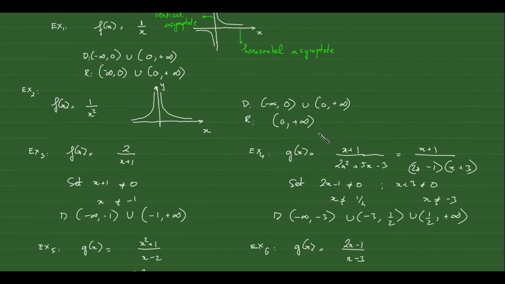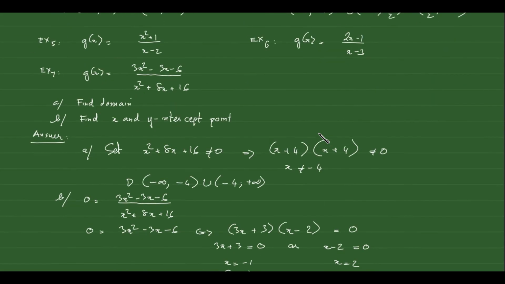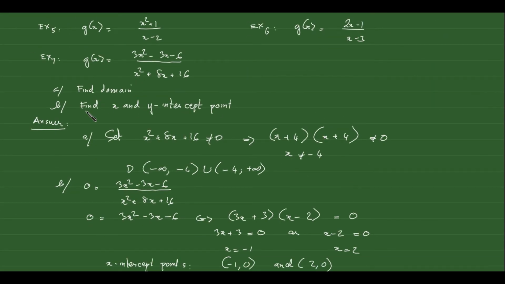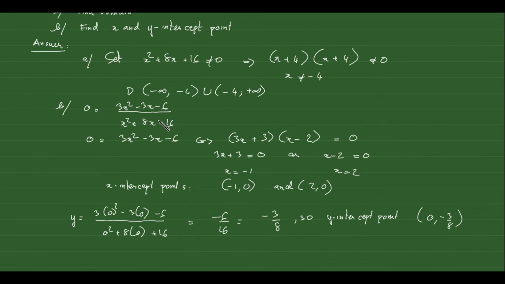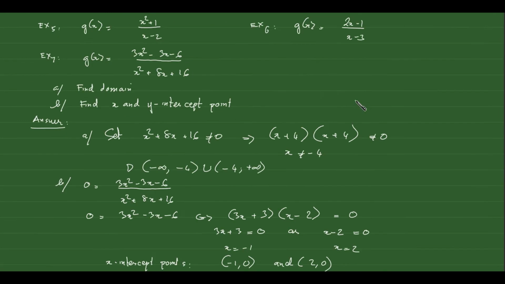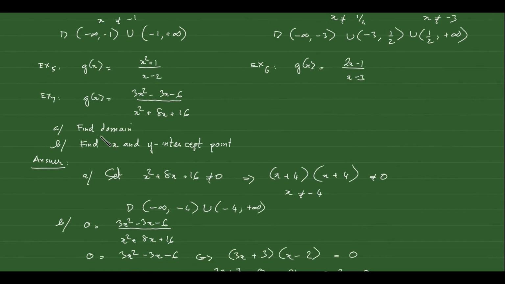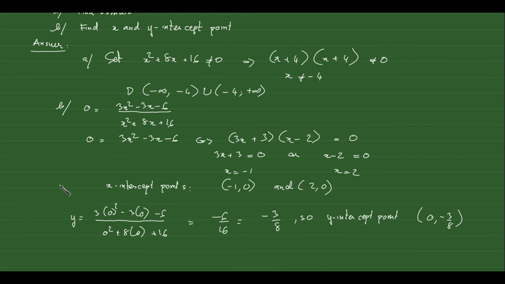And again, in order to find the domain of a rational function, you just have to set the denominator different from 0. Of course, some rational functions are harder to find a domain for, but you have to factor them out. If the denominator is factorable, that would be very easy.